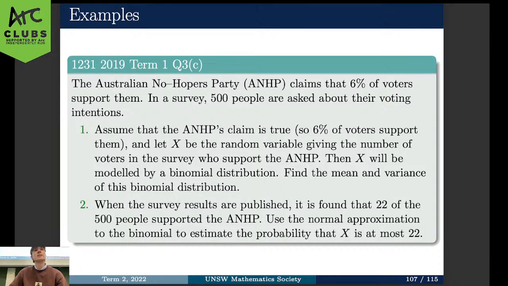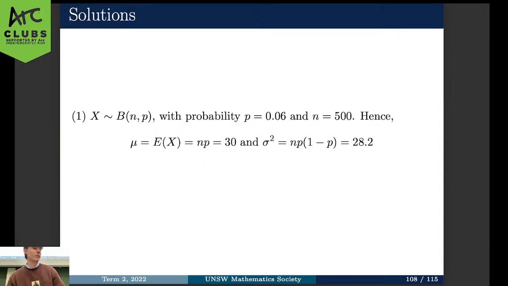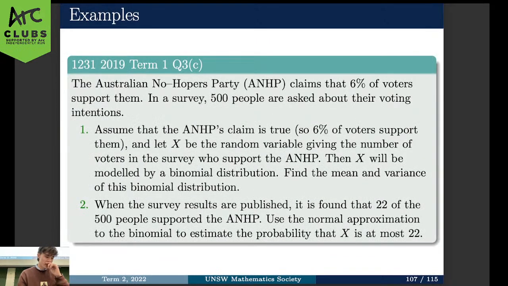So in this case, the probability is 6%, and we're saying success here is that someone supports them. So the expected value of X should just be np. And remember, we had 500 people.